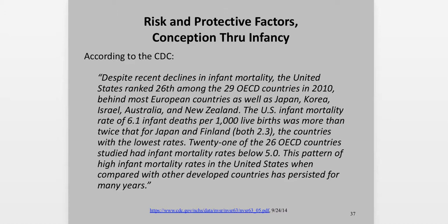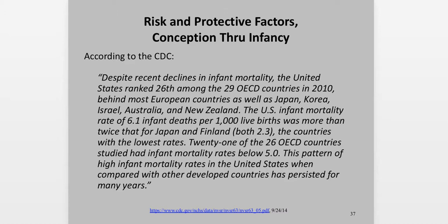The infant mortality rate has fallen by 1% since then, but still it's too high. And we're behind most European countries, as well as behind Japan, Korea, Israel, Australia, and New Zealand. The last chart I looked at, we had the same infant mortality rate as Bosnia-Herzegovina, parts of former Czechoslovakia, an ex-communist country.